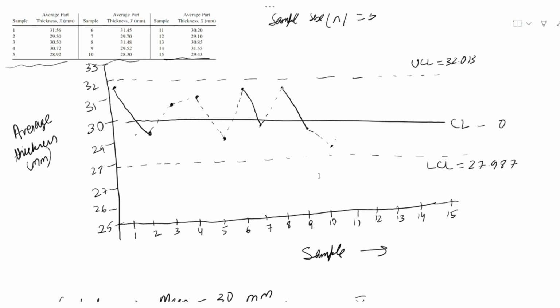Sample 11 is 30.2. Sample 12 is 29.1. Then 13 is 30.85. 14 is 31.55, and 15 is 29.43.